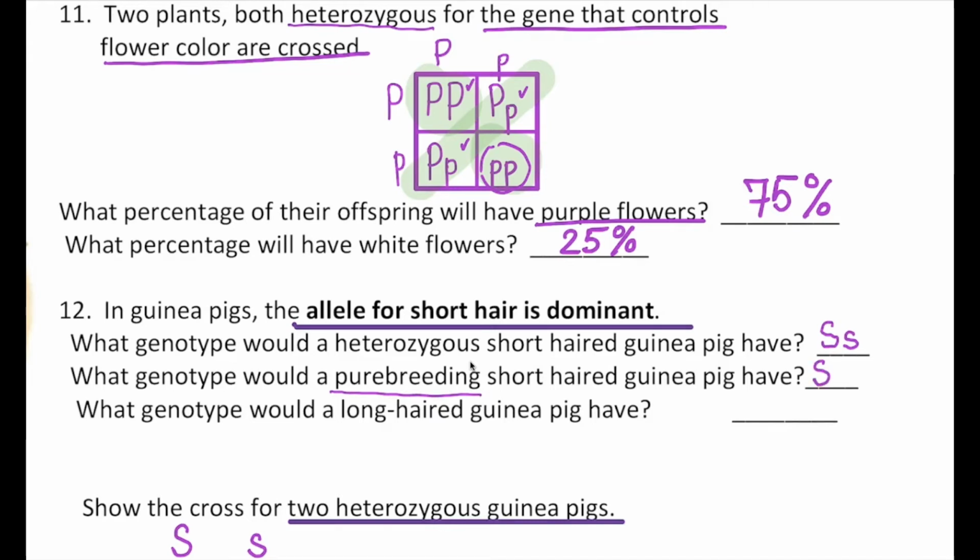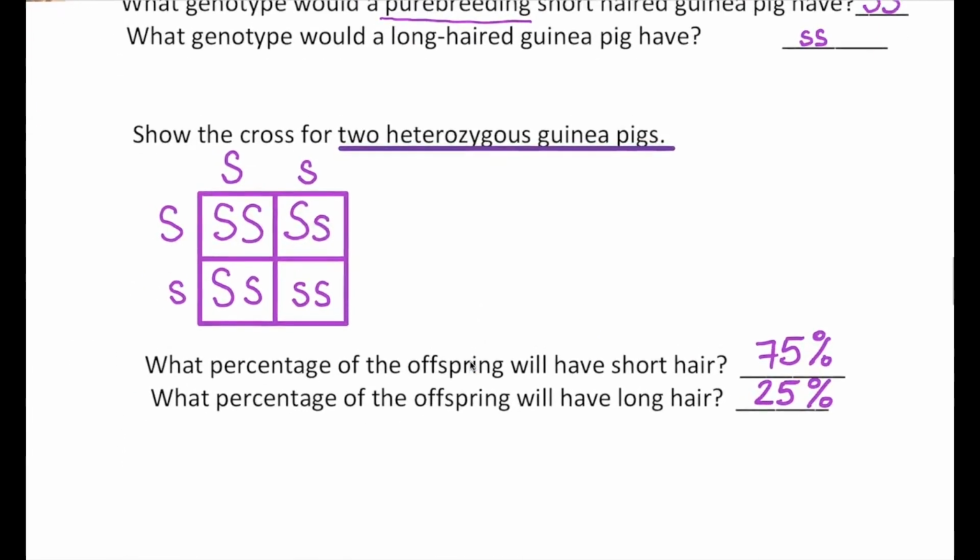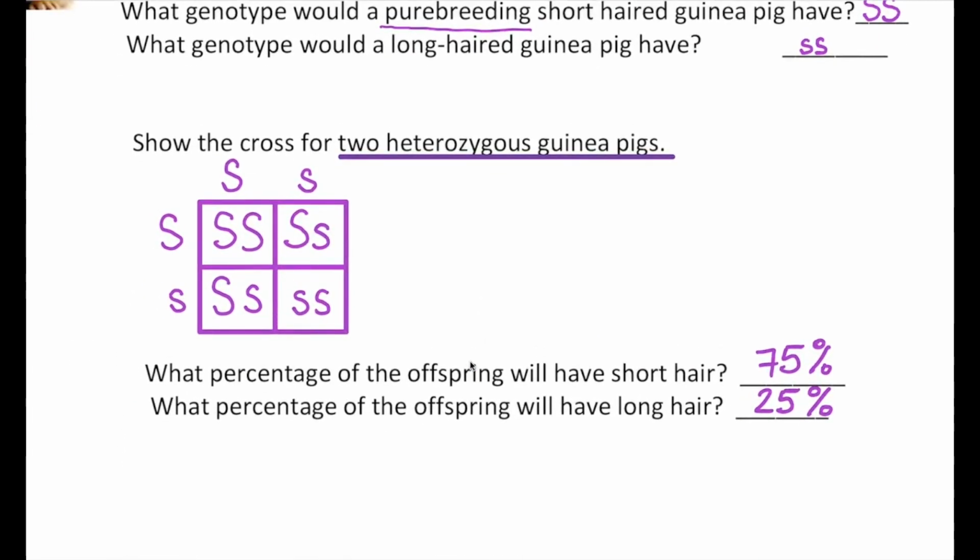These would be both capital. And then what genotype would long-haired guinea pigs be? Well, because short is dominant, the only option for long would be homozygous recessive. So lowercase s.